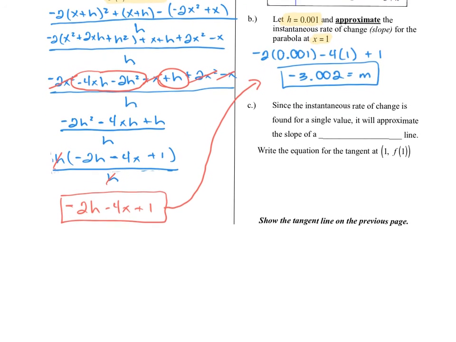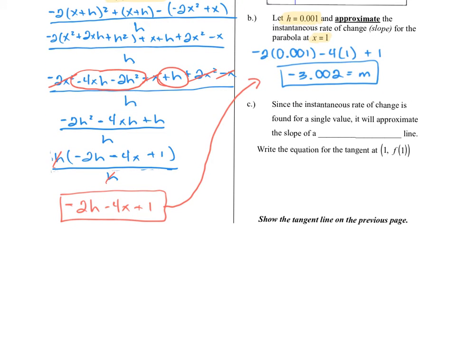Continuing on in our discussion, since the instantaneous rate of change is going to be found for a single value, it's going to allow us to approximate not a secant line, but instead the slope of what we will call a tangent line. And yes, that word should sound familiar from your geometry days, because our tangent line is going to touch at exactly one place.